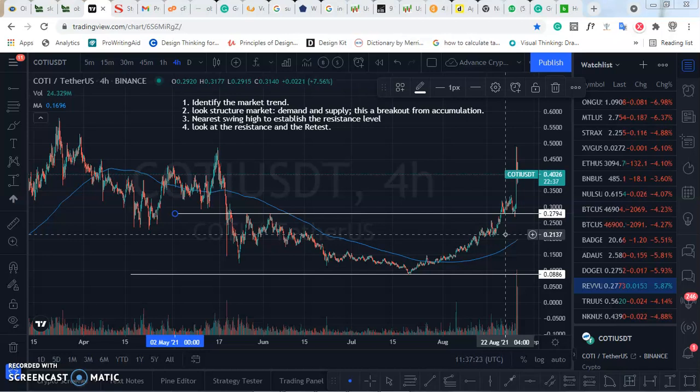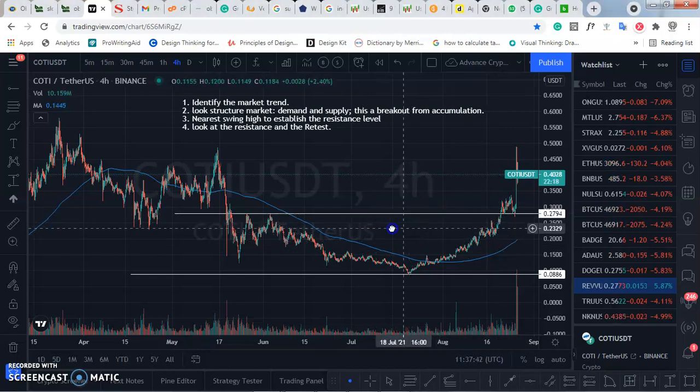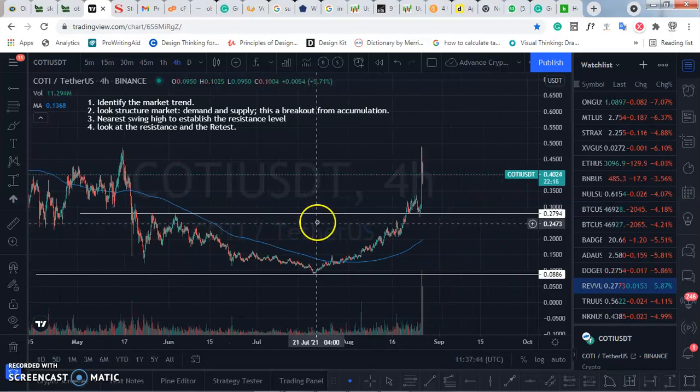We said the first thing is that you have to identify the market trend, and to do that you use the 1 day time frame and the 4 hour time frame. That's the longer time frame. So the moment you use that, you look at where the market is.